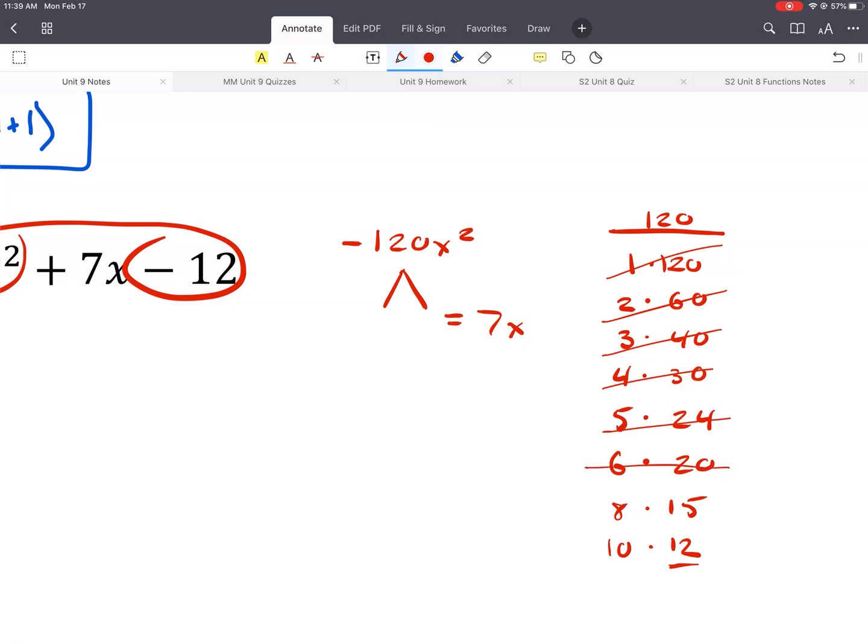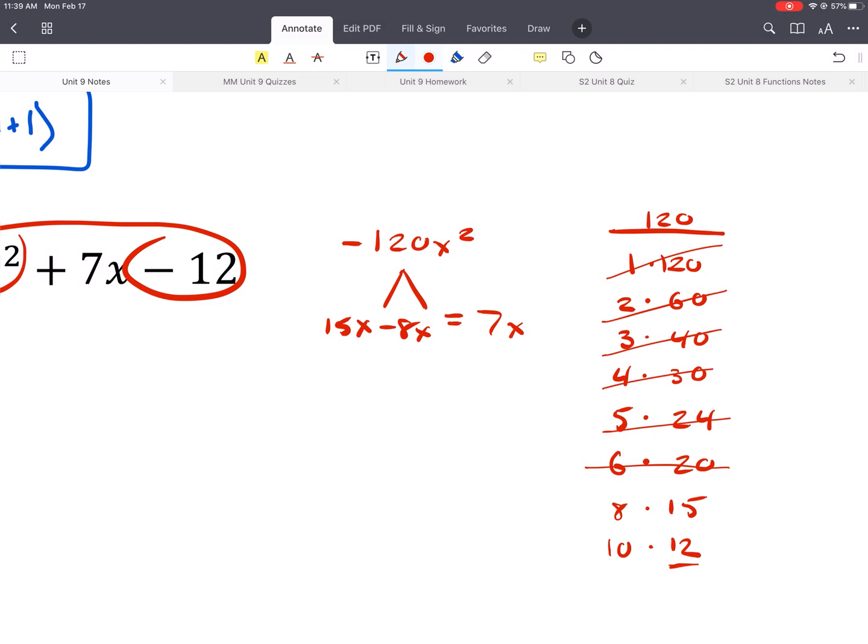Nope, still not close enough. What about 8 and 15? Can we add or subtract somehow to give us 7? And you maybe say, yeah, Mr. Warner, if you did a positive 15x and minus 8x, then you got it. That would give us 7x.